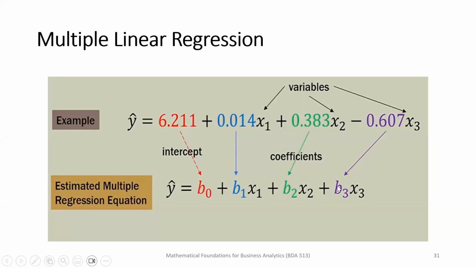All these are the coefficients of the variables. The only difference between a simple linear regression and multiple linear regression is that here you will have two or more independent variables. Any questions on multiple linear regression?